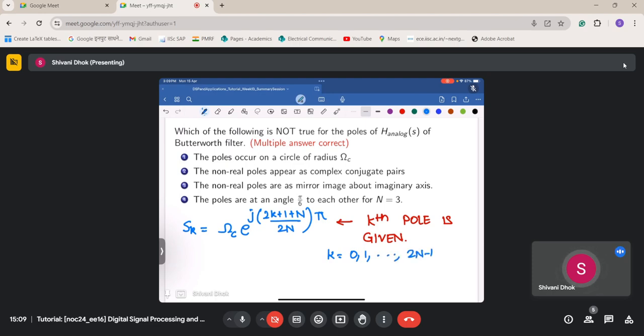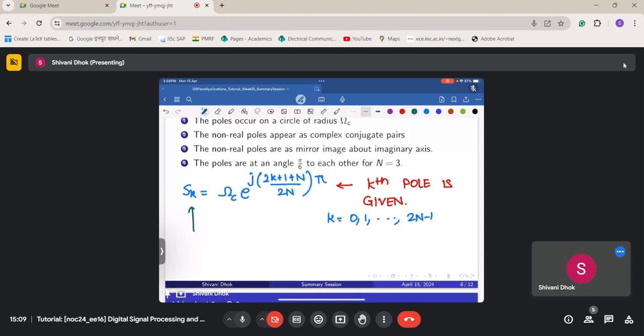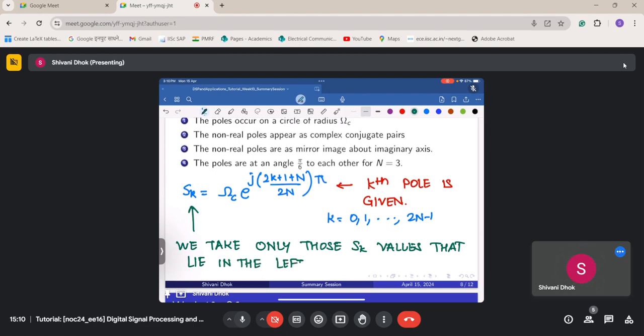And then we say that we'll just take those values of Sk. So after finding this, we take only those Sk values that lie in the left half plane of the S plane.